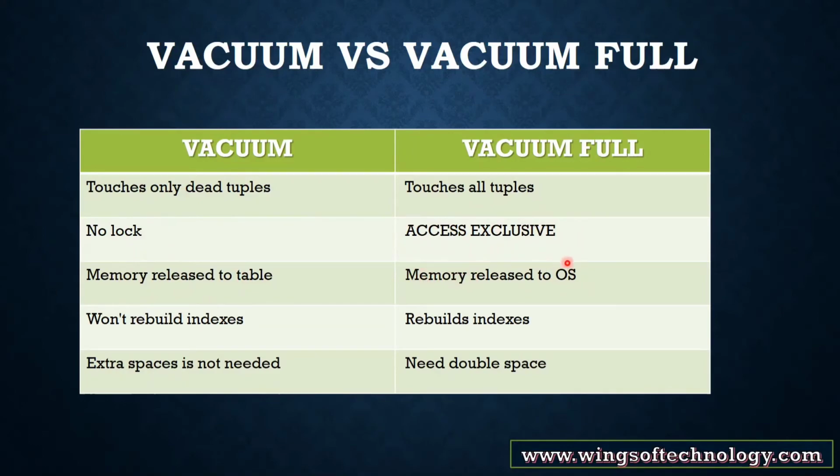But vacuum full releases the memory of the previous table to the OS, so that memory can be reused by other tables. Vacuum won't rebuild the indexes, but vacuum full does rebuild the indexes, because it creates the table newly, with indexes and everything, from scratch. So obviously it builds the best optimized indexes. These are the main core differences between vacuum and vacuum full.